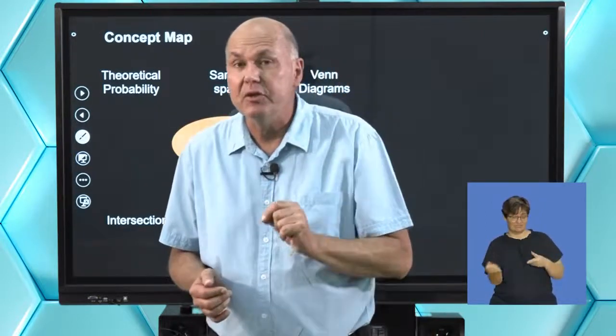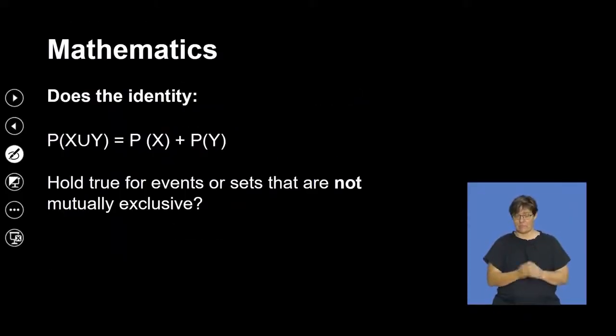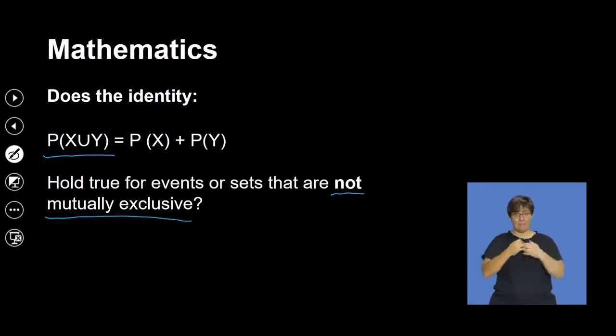So for mutually exclusive events, we recognize that the probability of X or Y is equal to the probability of X plus the probability of Y. That is for mutually exclusive. What we want to ask is, does this hold true if the events are not mutually exclusive? We know this is true if they are mutually exclusive.